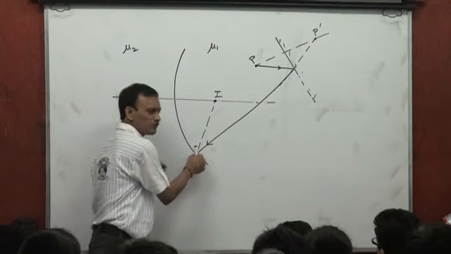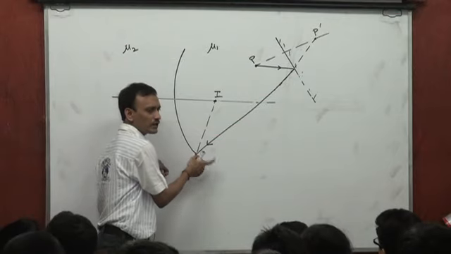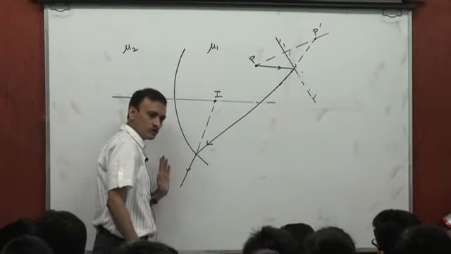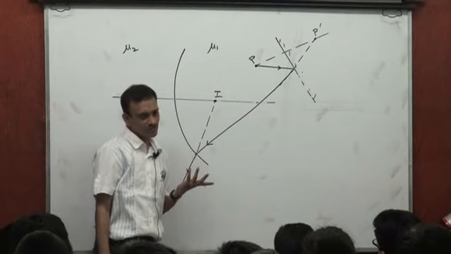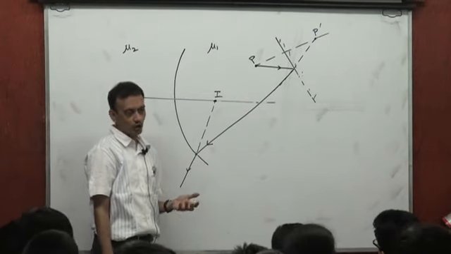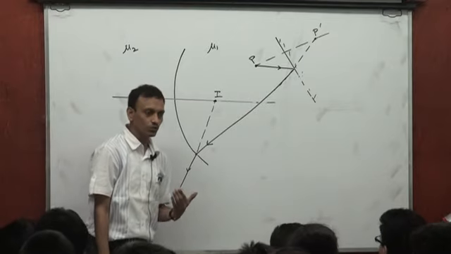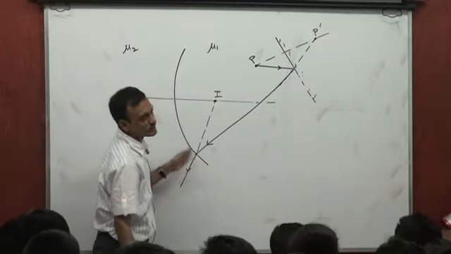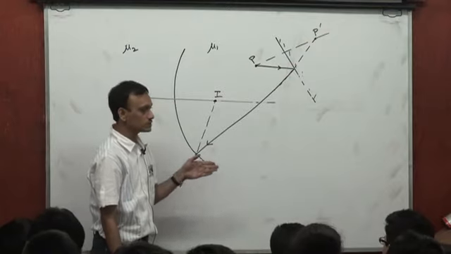For refraction, it will always apply. When light moves from a rarer to a denser medium, it will bend towards the normal. Otherwise, it will bend away from the normal. That will apply everywhere, even on a curved surface. Will that rule apply if the surface was not a plane surface but a curved surface? Yes, it will.